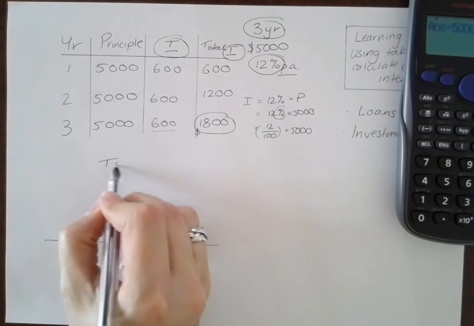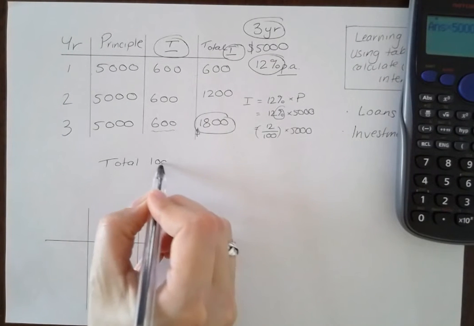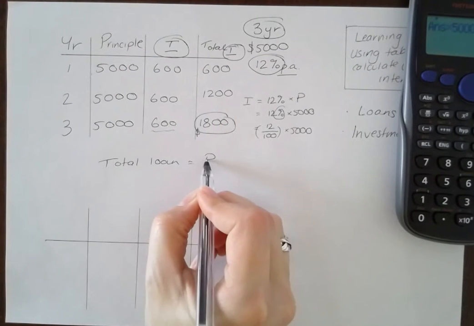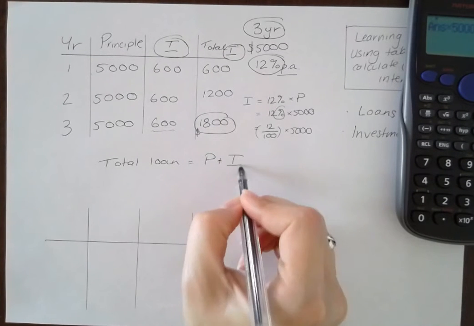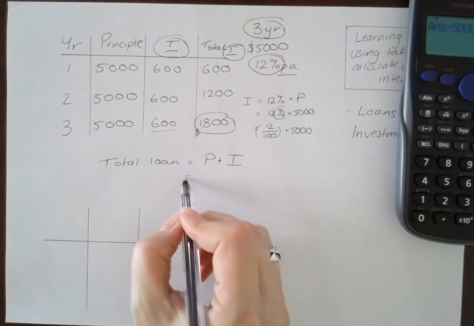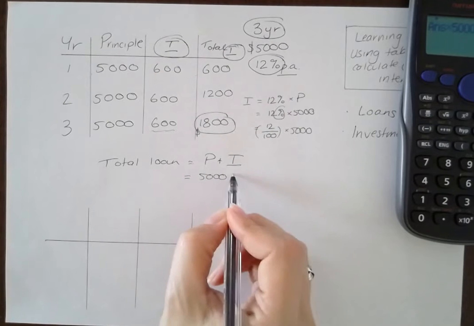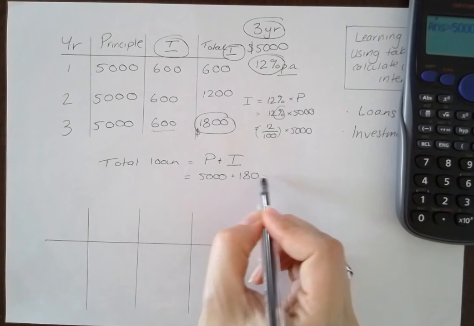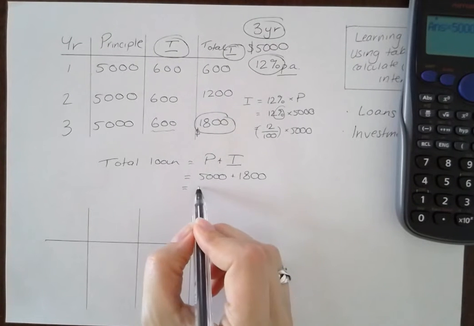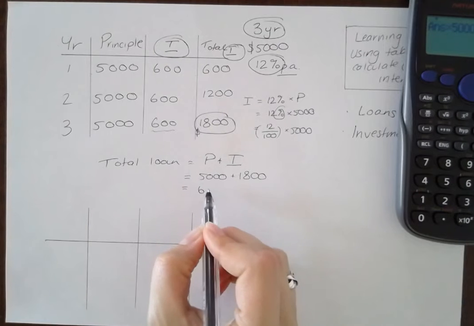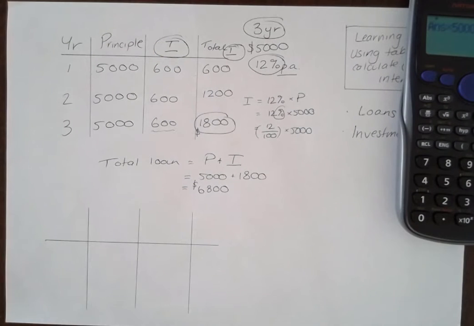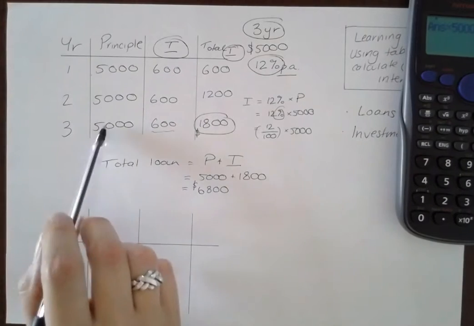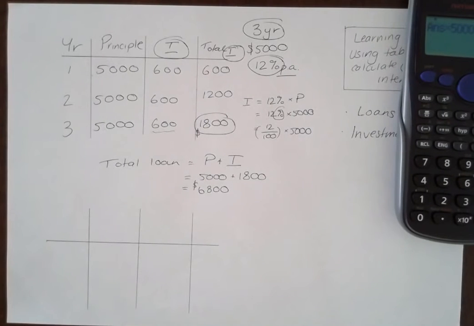So that means the total of our loan is equal to our initial principal, how much we borrowed, plus how much interest they have charged us. So in this case, it's going to be our $5,000 plus our $1,800 interest, and that's going to give us $6,800. That's how much our total loan will cost if we want a car, and we've borrowed $5,000 there.